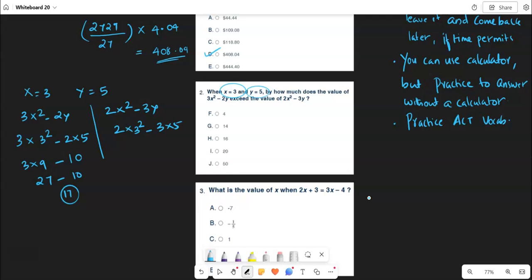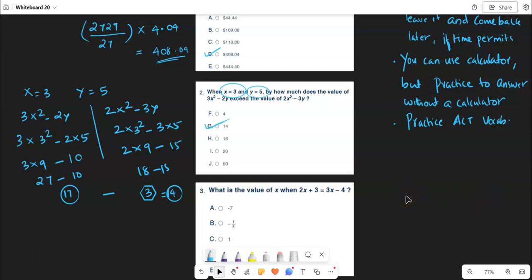The second one is 2 times 3 squared, which is 18, minus 3 times 5, which is 15. That is 18 minus 15, which is 3. The question is, how much does the first expression exceed the second? So the answer is 17 minus 3, which is 14. So you have option 14 here, and that is the right answer.